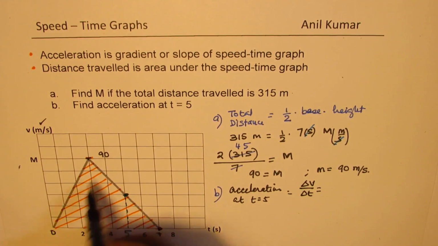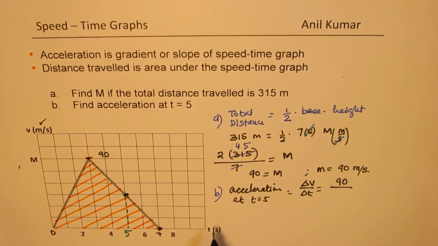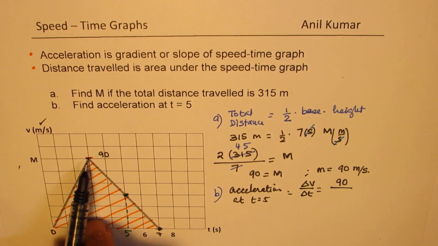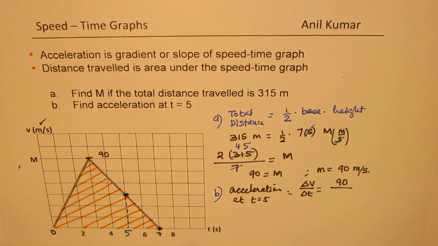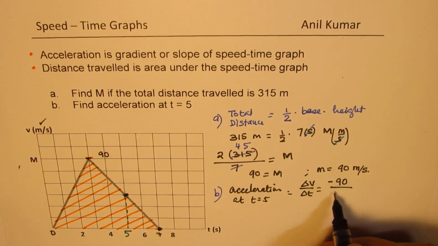The velocity goes from 0 to 90, however, it actually comes down, you see, 90 to 0. So it should be negative, right? Since it is actually decreasing from 90 to 0. And as far as time is concerned, it increases from 0 to 7, so it is 7.